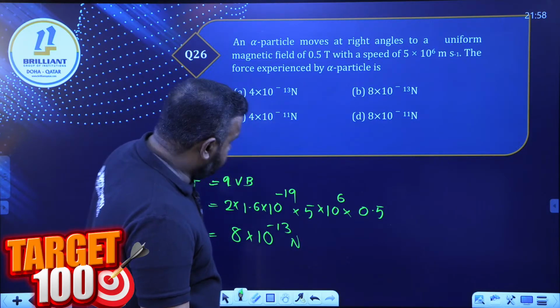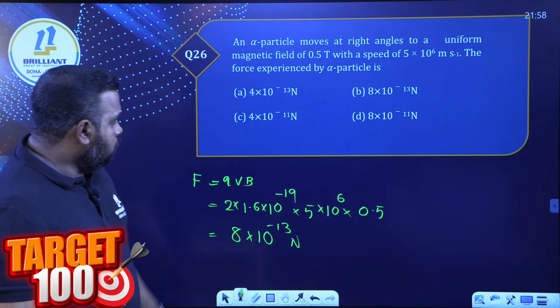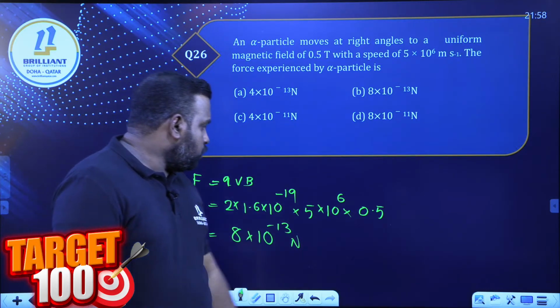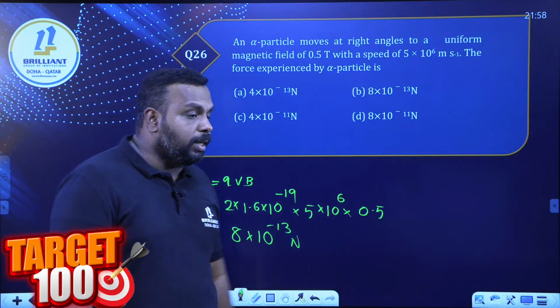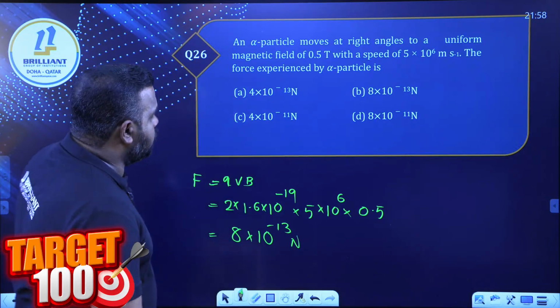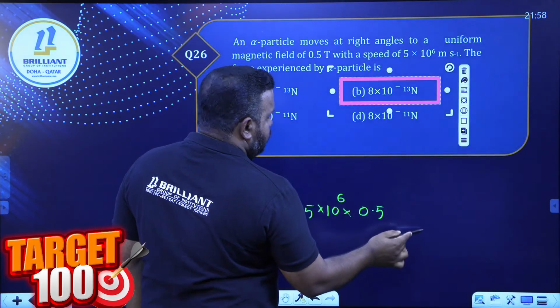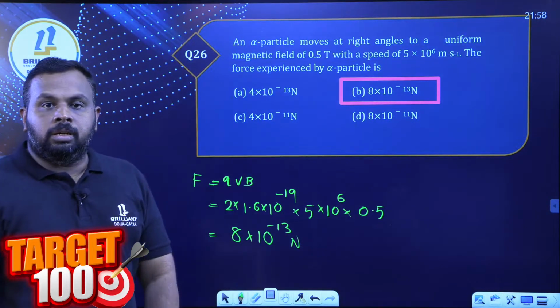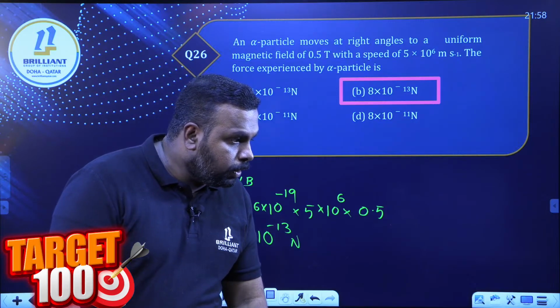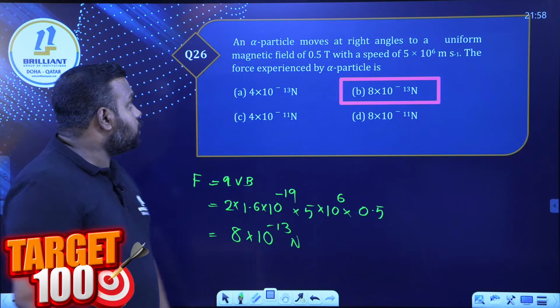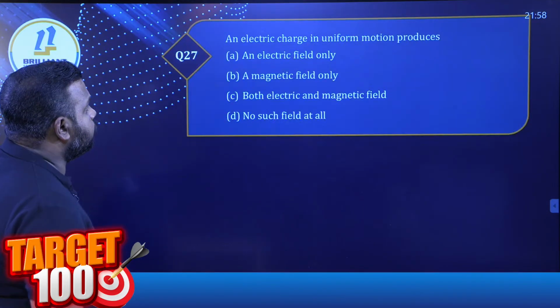Please comment your answers. 2 and 0.5 will become 1, so 1.6 into 5 will be 8. Minus 19 and 6 will become minus 13. So the answer is option B. Option B is the right answer. Clear or not? Yes. I'm going to question number 27 now.